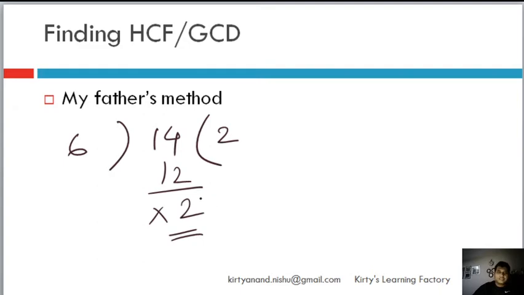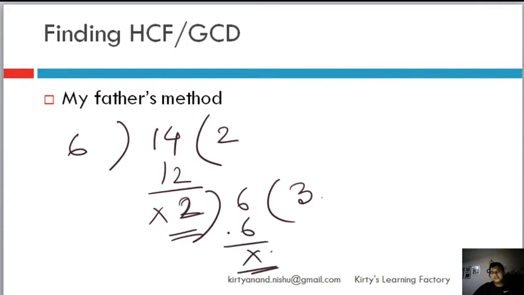Now using 2 as remainder, what I will do, I will keep 2 here, and with this I will divide this. So 2 3s are 6. It completely cuts out. So whatever is the last divisor that I get here, that will be the GCD. That's it. So what is this method?